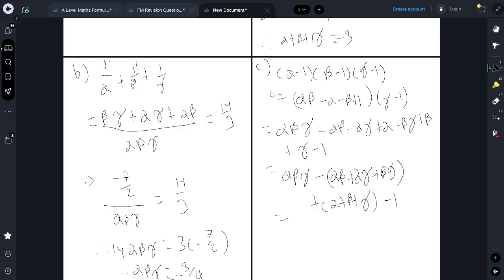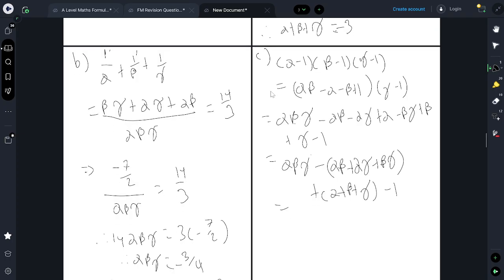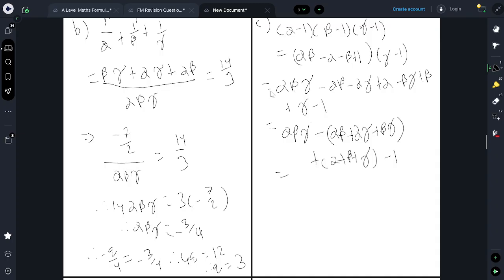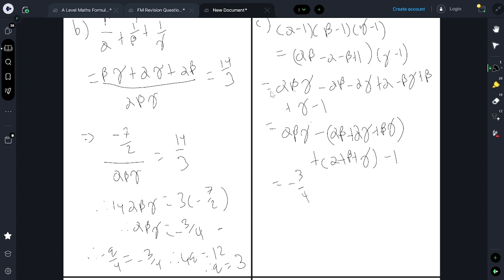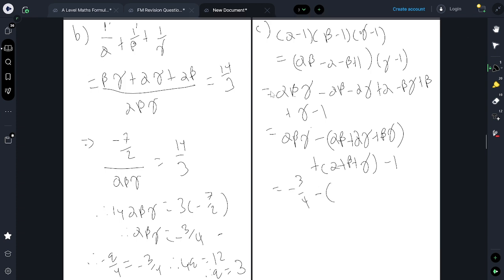But we know all three of these in terms of the roots of polynomials, the coefficients. Alpha beta gamma we worked out here is minus 3 over 4. So that's going to be minus 3 over 4 minus the pairwise sum.